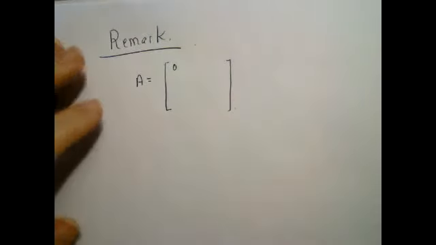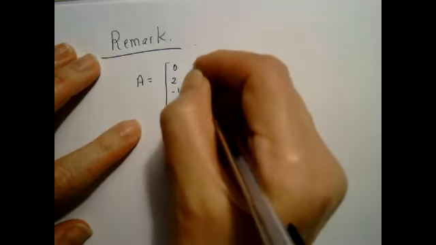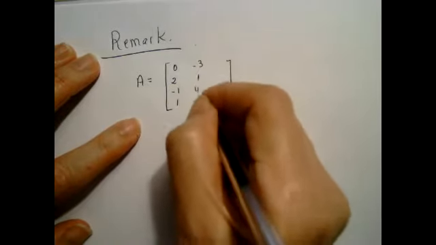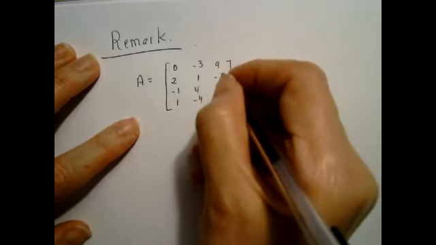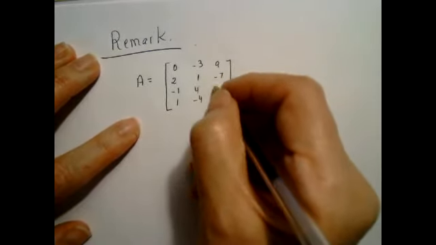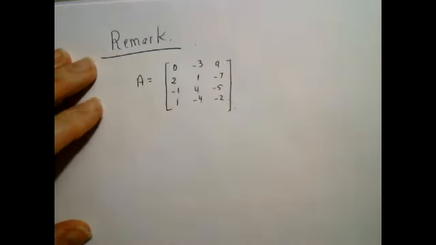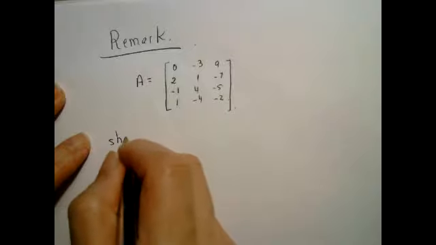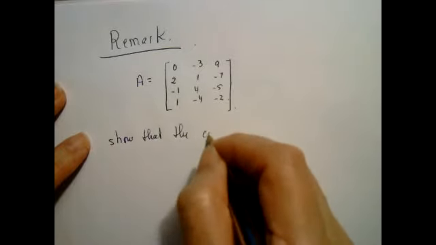For example, this matrix is 0, 2, minus 1, 1, minus 3, 1, 4, minus 4, based on problem part C here. And the question is, what does it mean? Show that the columns of A are linearly independent.